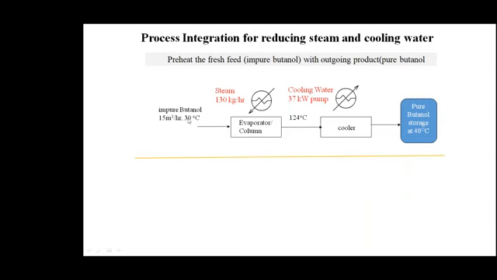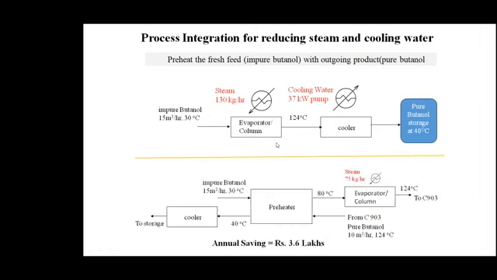The incoming impure butanol can be preheated with this hot pure butanol which is going to come. Instead of a cooler, we are going to do this. So what we do here is, before going to the evaporation section, we have a preheater. Just somewhere here we brought in a preheater.